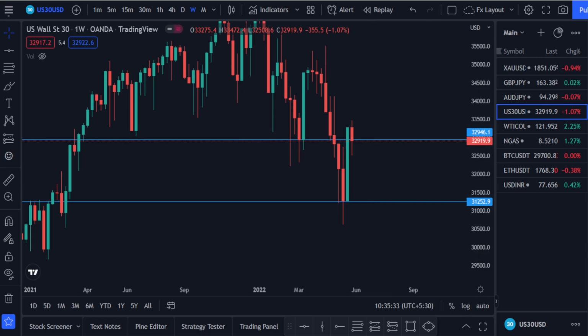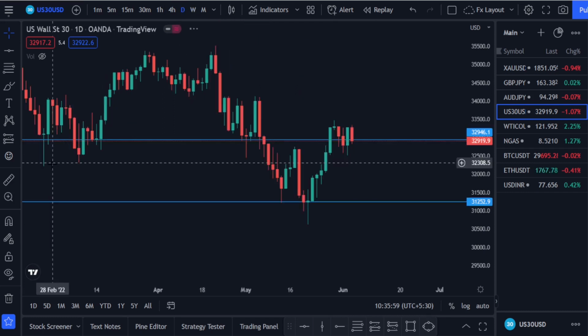In that situation, we are expecting the price, in the next weekly candle, to make a top wick, respect the previous weekly candle high and move to the support area like this. And if we are able to get a break and close below this area, we are expecting the price to move to the next support like this. So this is something we are expecting on the weekly time frame.